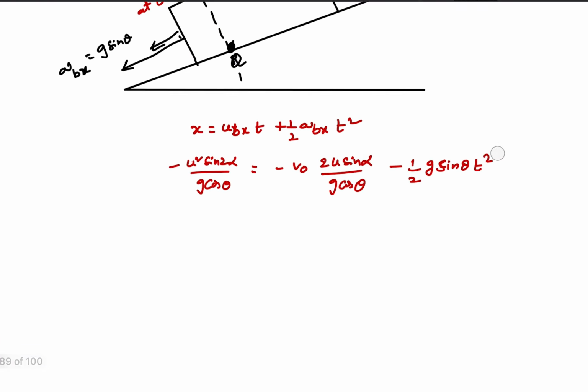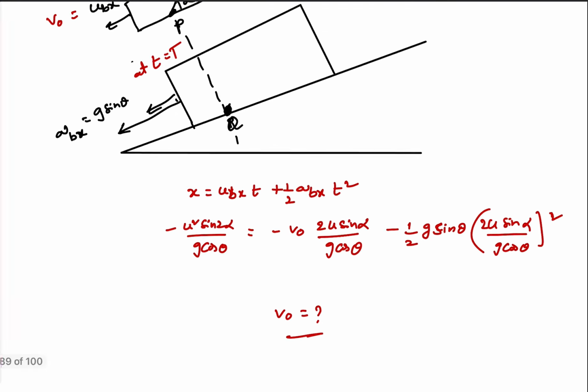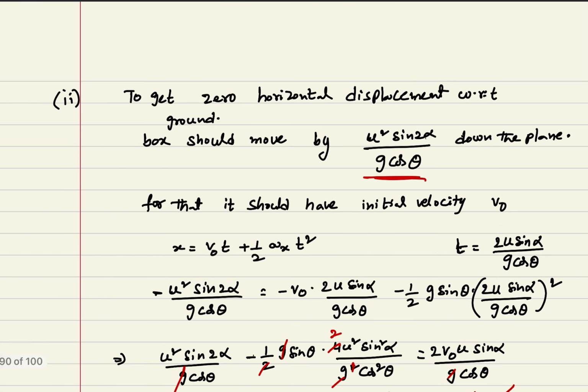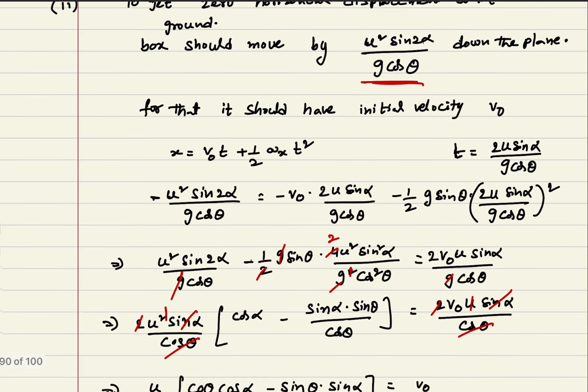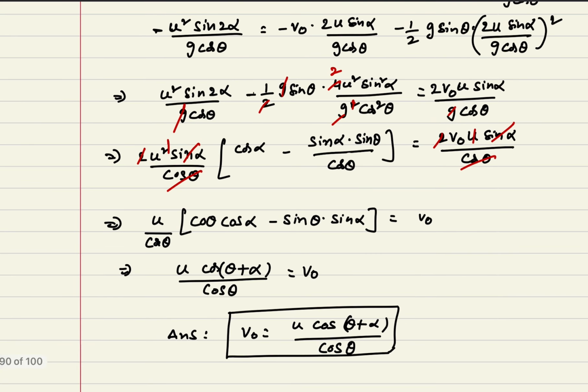The t square value also you have to substitute: 2u sin alpha divided by g cos theta, whole square. Substitute there and get the v naught value. If you calculate the v naught value, you will get some result. I did that calculation, it is an easy calculation.